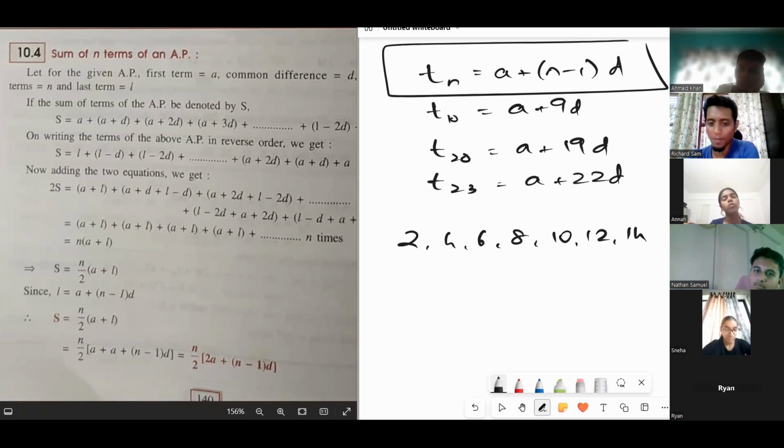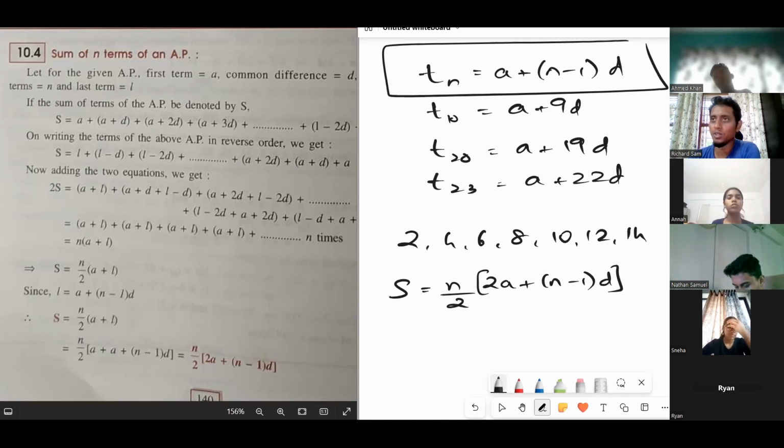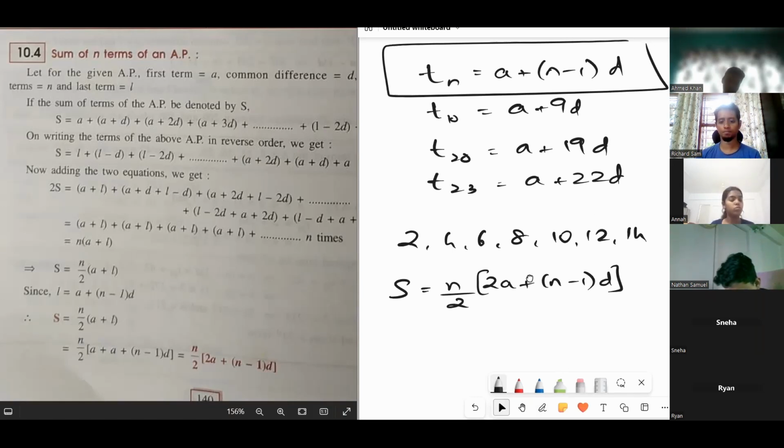But there is a formula. S is equal to n upon 2 into 2a plus n minus 1 into d. So let's use this formula now and find out the sum.